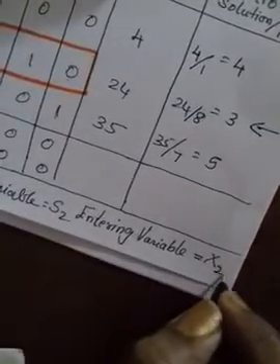So X2 is called your entering variable. You have to write this down, otherwise later it will get confused. The key element you have to find from this row and column. 8 is the key element. The corresponding row S2 is your leaving variable, and the corresponding column X2 is your entering variable.